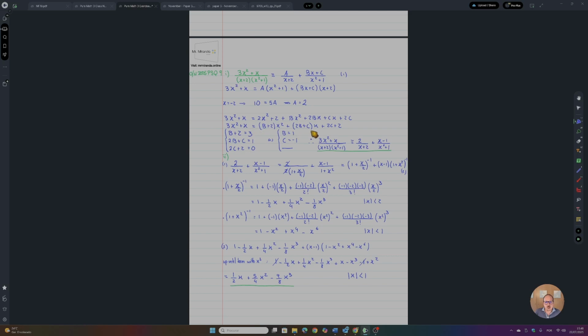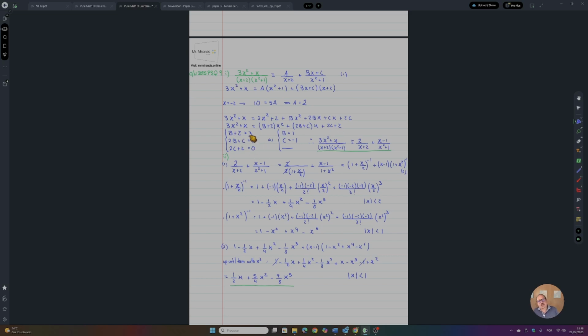Do the same thing to the others. The term with x on the right-hand side is 2b plus c, but you know that the value of this should be, as you can see here, 1. And there is no term with no x, so you know that 2c plus 2 must be equal to 0.